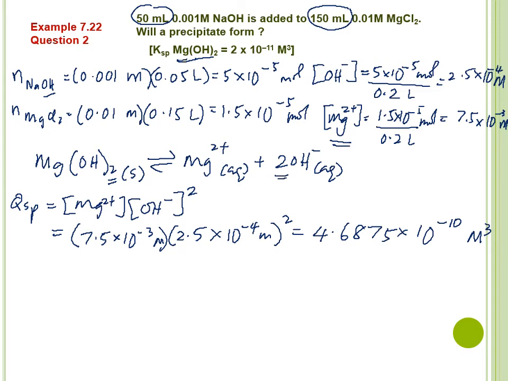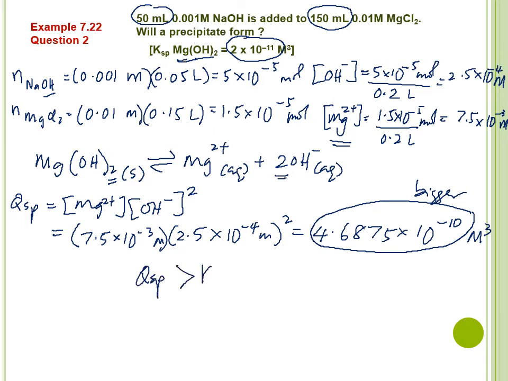Okay, so now what is the conclusion? Let's compare the values. 2 times 10 to the power of negative 11, and this one is 4.68 times 10 to the power of negative 10. So this one is bigger. Qsp is bigger than Ksp.